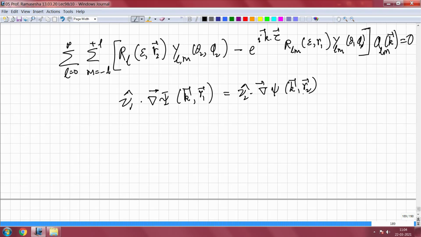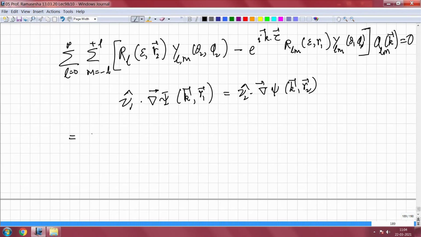So this is for the continuity in the first derivative, because according to our basic postulates of quantum mechanics, the wave function should be continuous in value and slope at every point. So nu 1 dot grad psi at r1 is equal to, so what it actually means is the following.